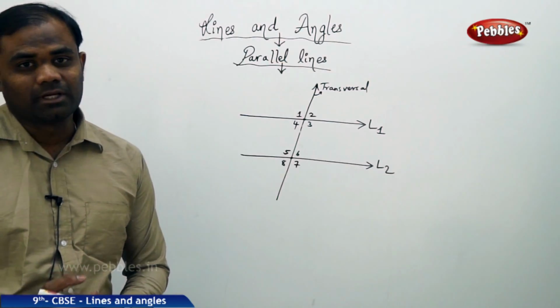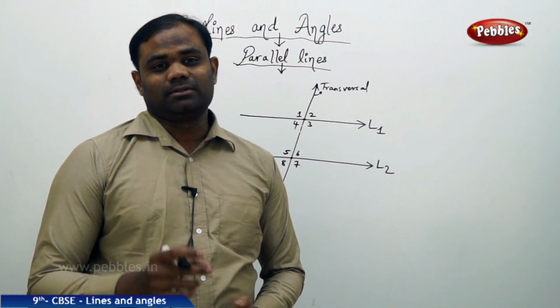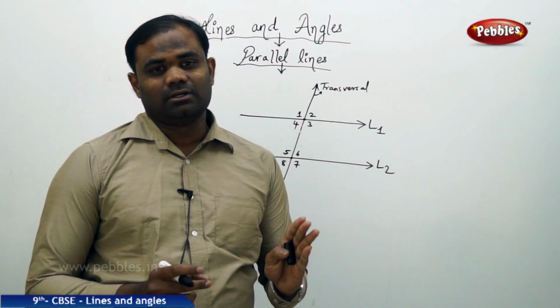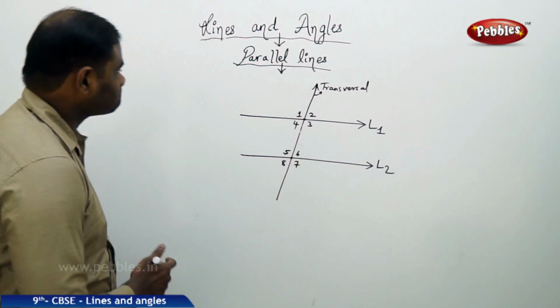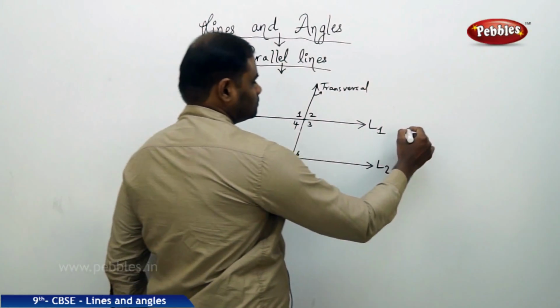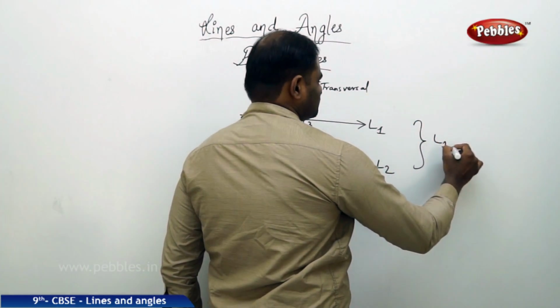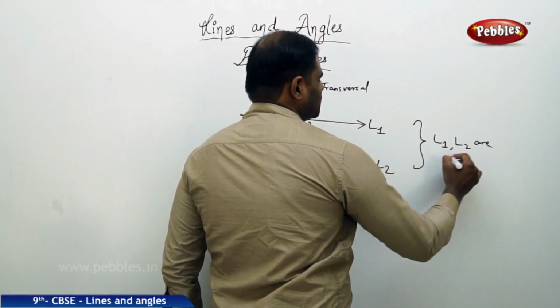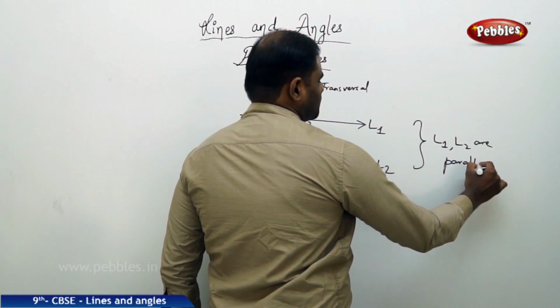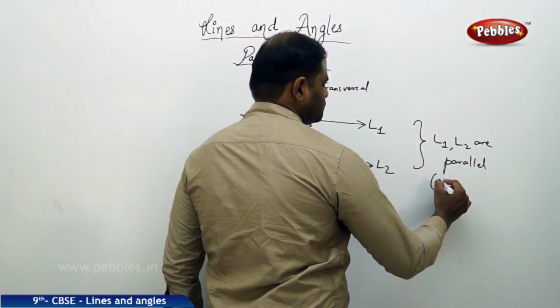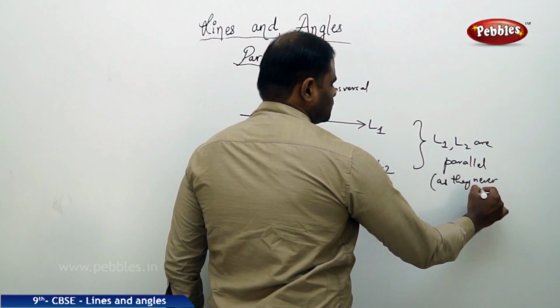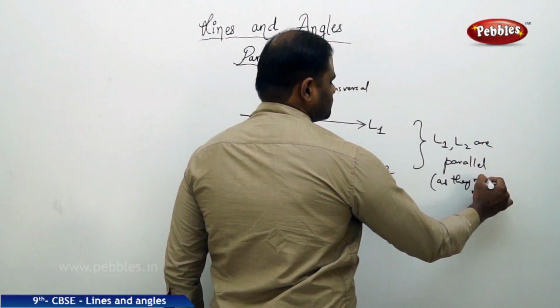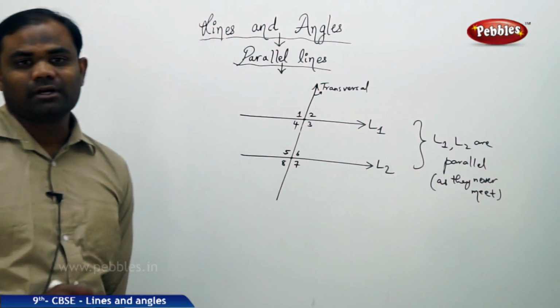This is how we connect the properties. A transversal cutting the lines L1 and L2 which are parallel. L1, L2 are parallel as they never meet. Because they never meet, they are parallel.